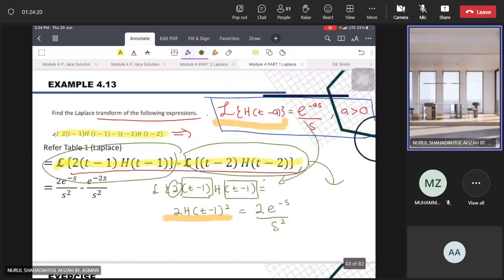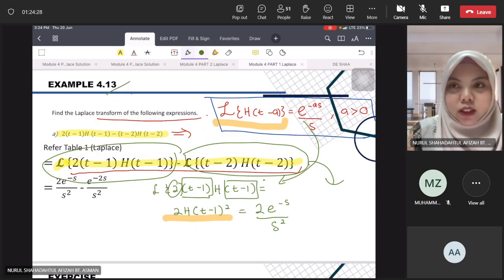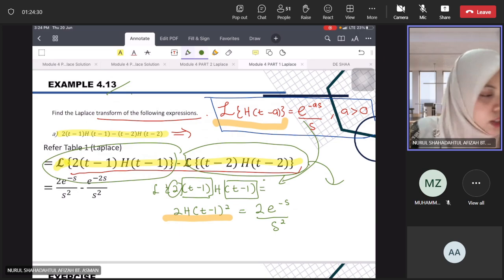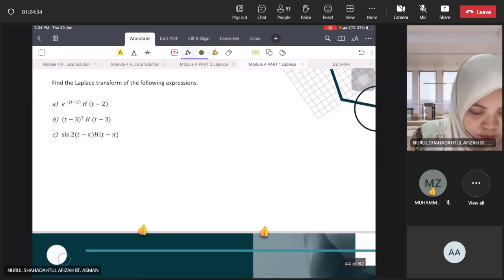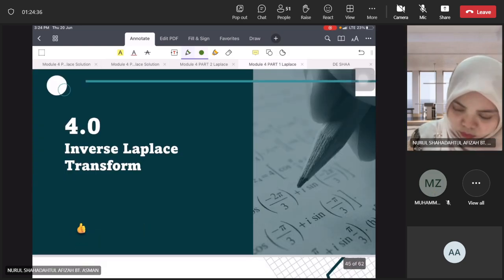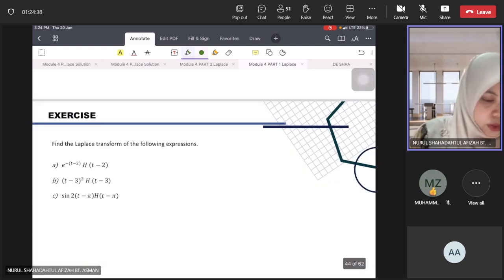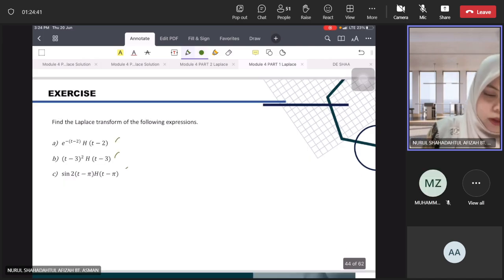is it clear for this example 4.3? So far, okay. You can see this. So I will just continue to catch up on time, and you can try to do this example. But if we have more time, I will try to do one or two examples from this one.